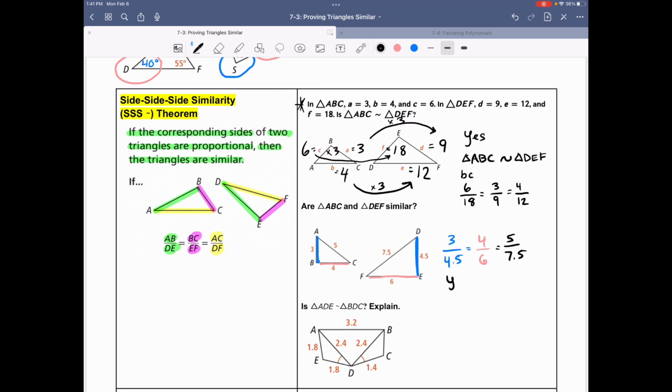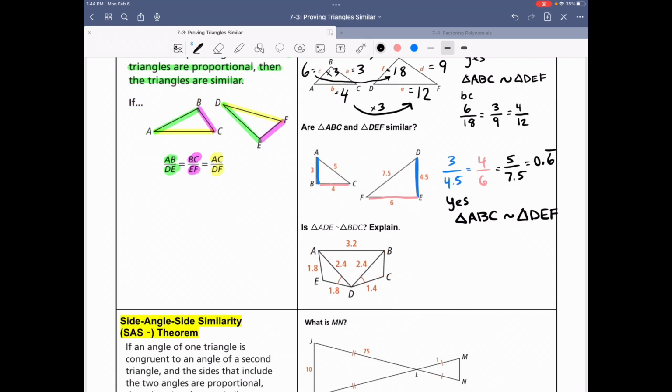So yes, because they all equal 0.6 repeating, which is 2/3. Yes, triangle ABC is similar to triangle DEF.